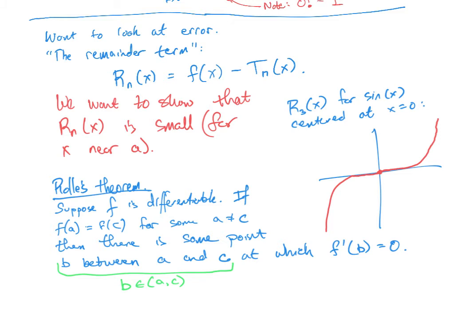Intermediate value theorem? For f prime of A and f prime of C? So the problem is we don't know anything about f prime of A and f prime of C. They could both be positive or both be negative.